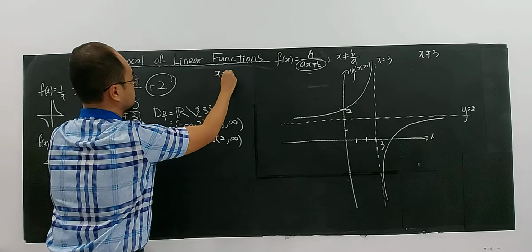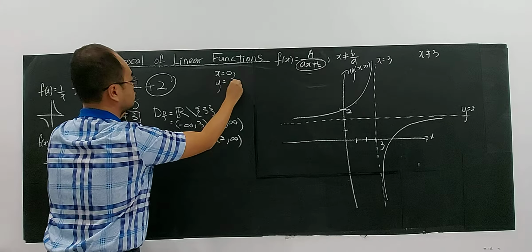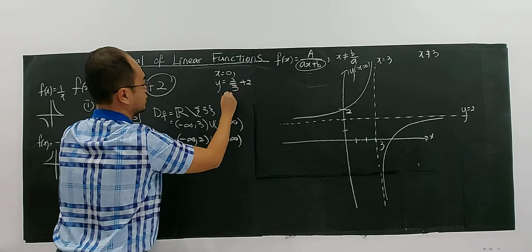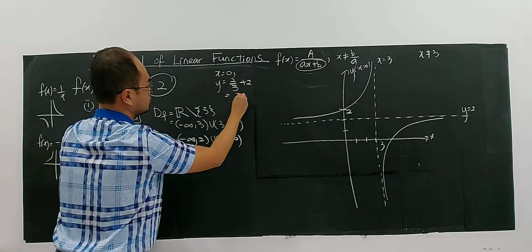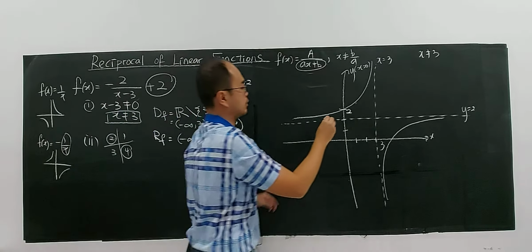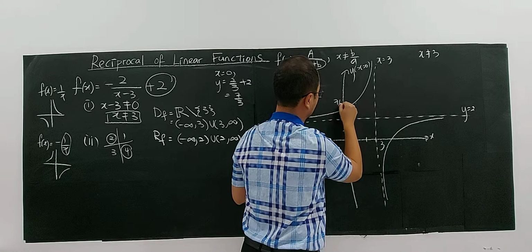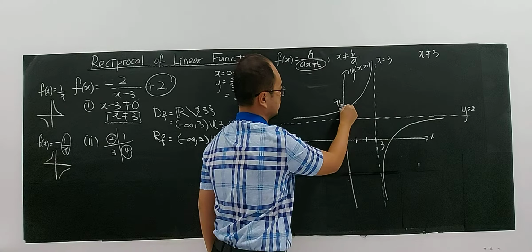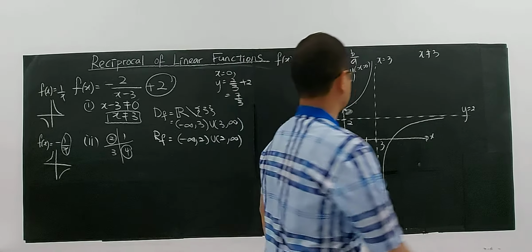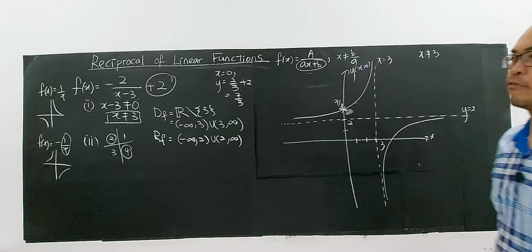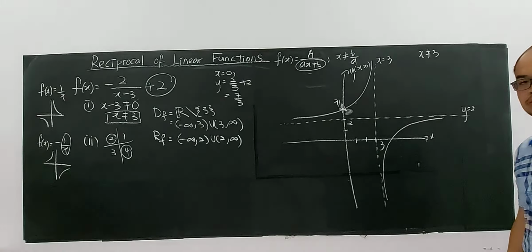When x equals 0, your value of y will be 2 over 3 plus 2, which is 7 over 3. So they will intersect at 7 over 3, which is bigger than the 2. So this is the graph for f(x) equals negative 2 over x minus 3, plus 2.